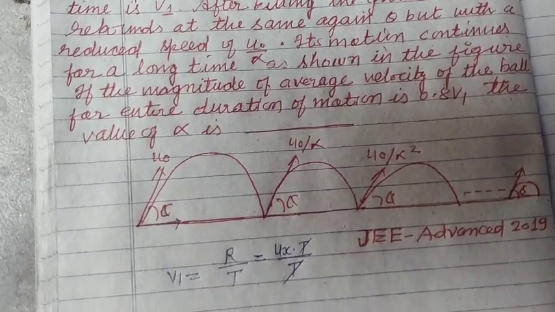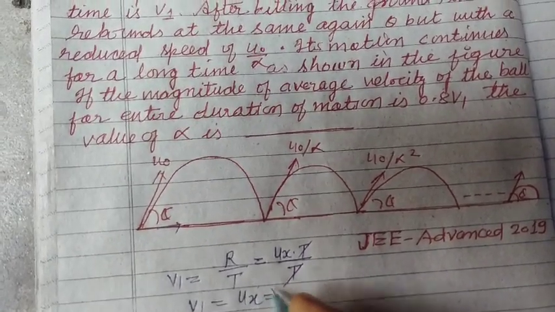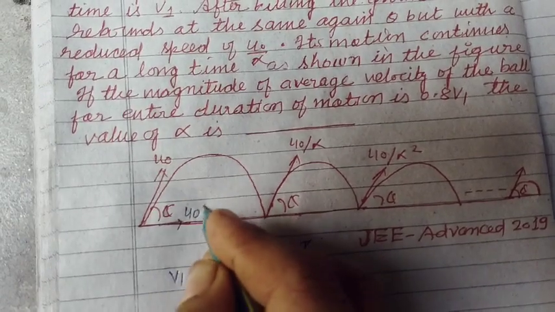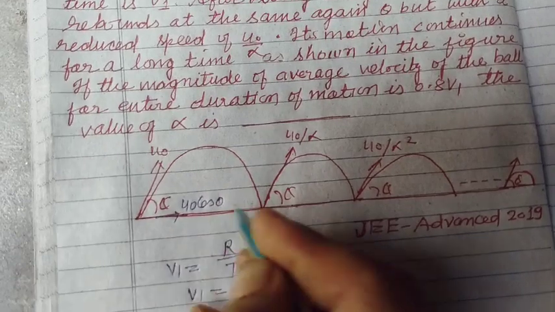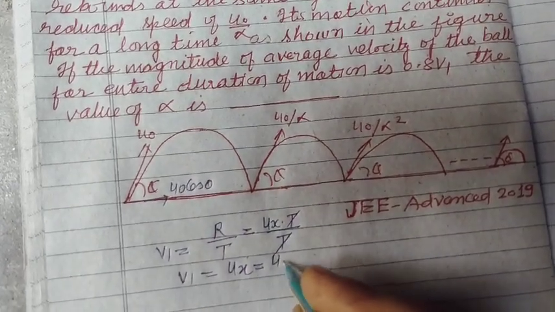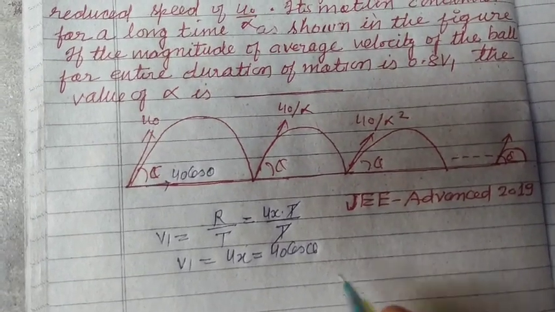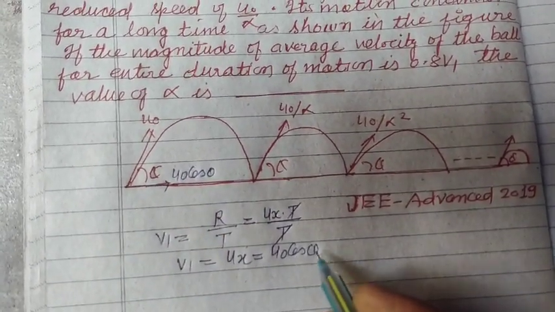So t cancels, we get v1 equal to ux, which is the horizontal component of u0, which is u0 cos theta. So ux equals u0 cos theta. Therefore, the average velocity in the first hit is u0 cos theta.